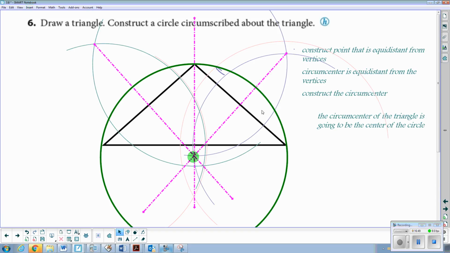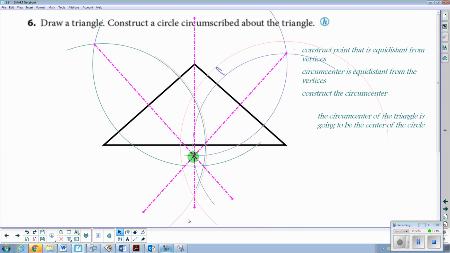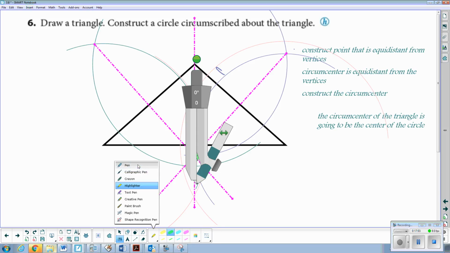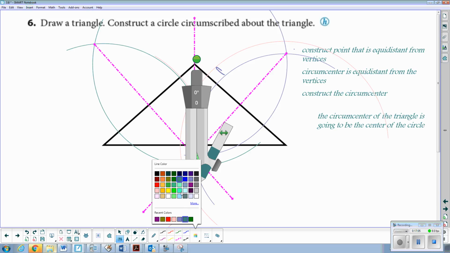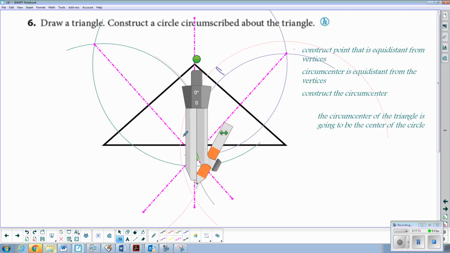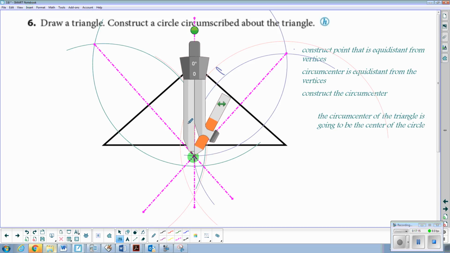I used a shortcut on here. So actually, let's do it with your compass. So your compass, we'll use the thicker line. We'll do it in orange. You're going to put it on the center, your circumcenter, right here.